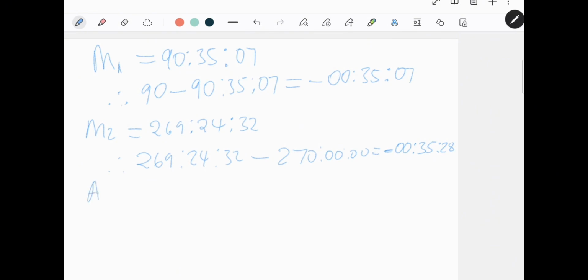So now we find our average angle. If you have two numbers, to find the average, you just add those numbers and divide by 2. You can decide to add them without the signs, then plug in the sign, or you just add them with the sign. It's up to you.